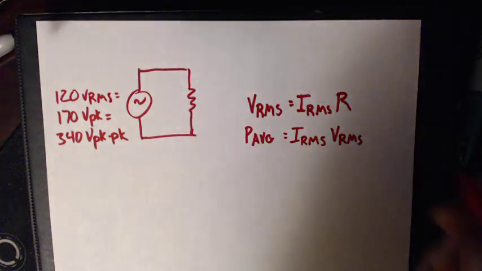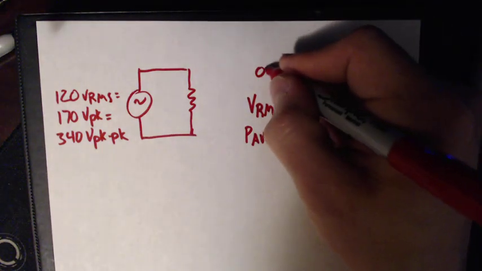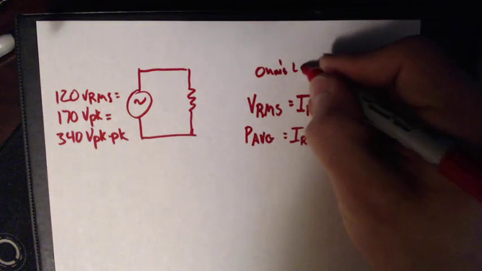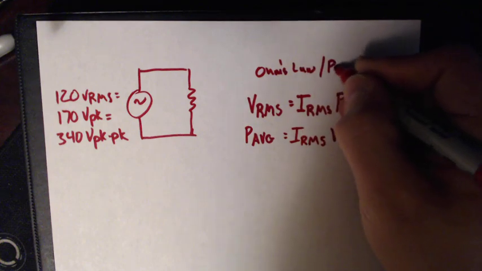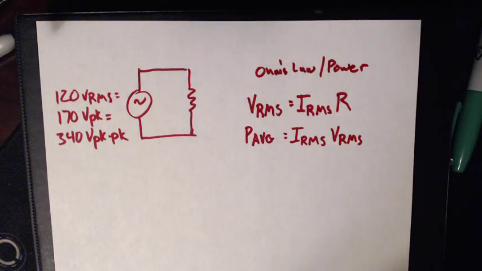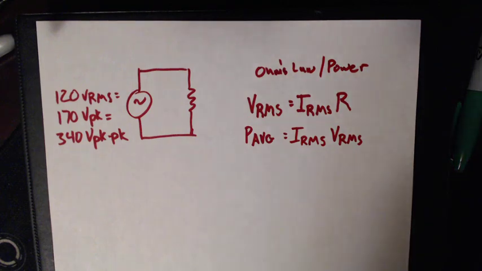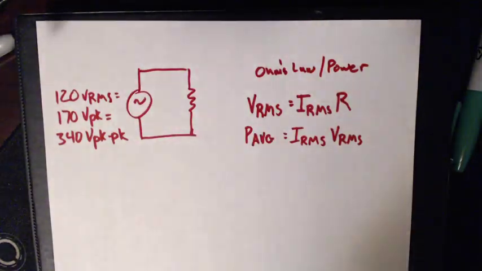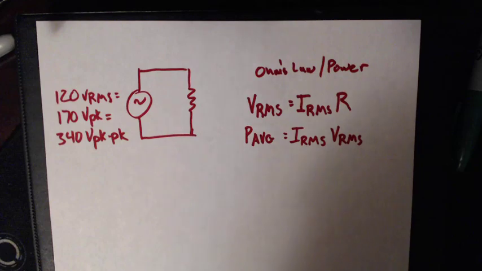Okay, so now we have our Ohm's law and power equations back, and they work. Okay, so that's how we can go ahead and come up with an average value for referring to an AC voltage.